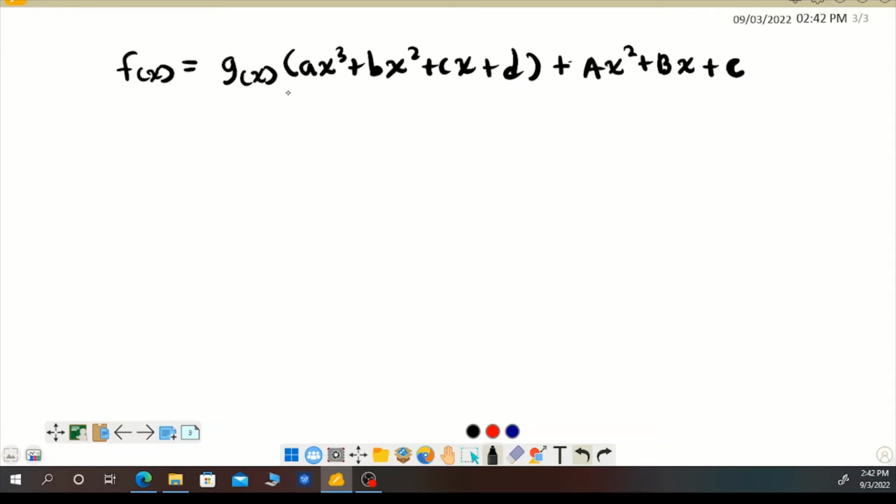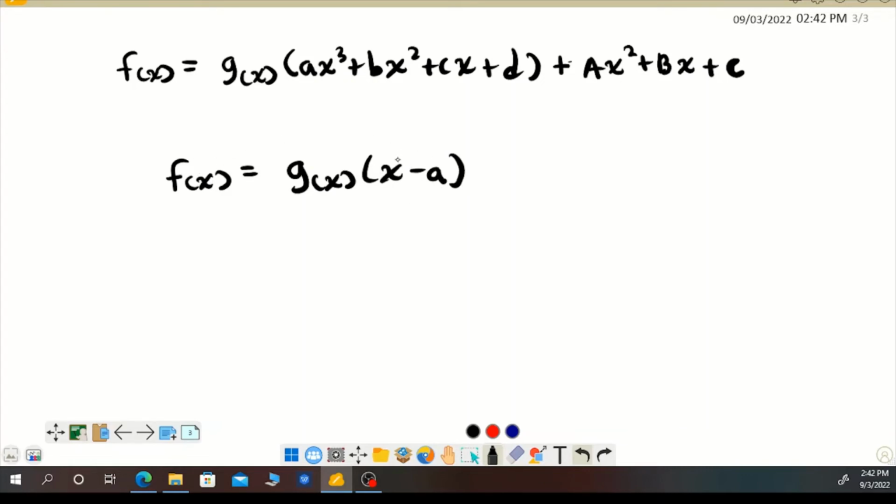The factor theorem is a special situation of the remainder theorem where the remainder is equal to 0. When a problem says something is a factor of another function, then we can write f(x) equals g(x) into (x minus a). Here we don't write any remainder because in the factor theorem the remainder is 0. So x minus a is a factor of f(x).